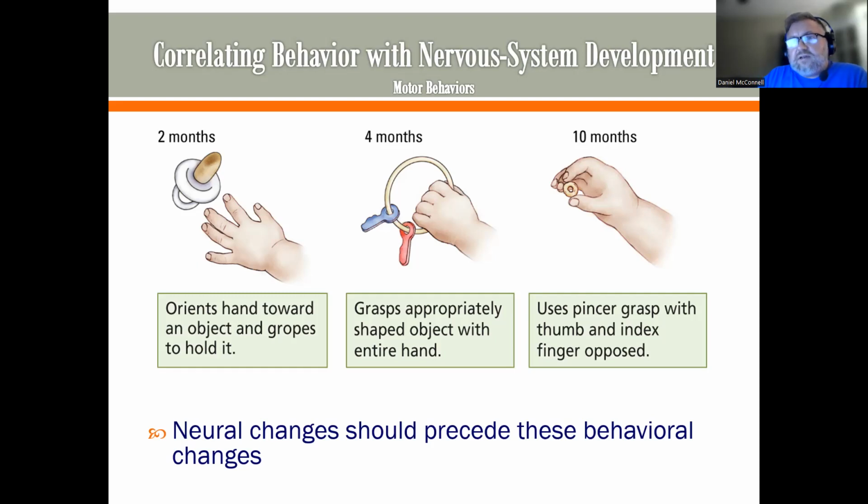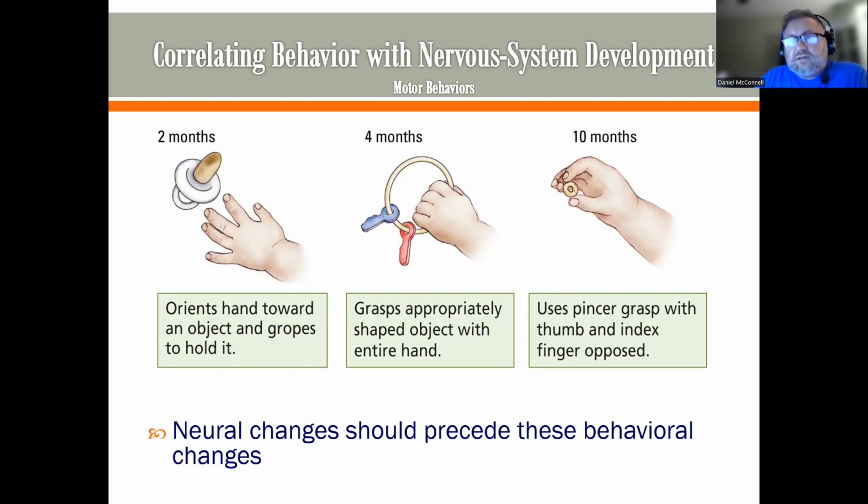So the question here is not so much that we would be surprised to find the motor cortex changing, but the idea is that now that we know these milestones occur at very specific times because of decades of research on infants, that tells us we can expect at 2 months we're going to see this kind of reaching behavior, and at 4 months we're going to see this other kind of reaching behavior.